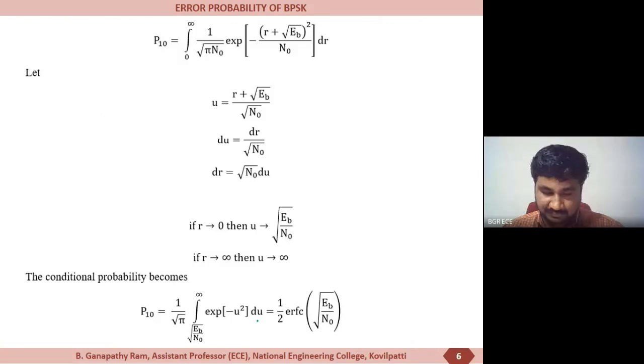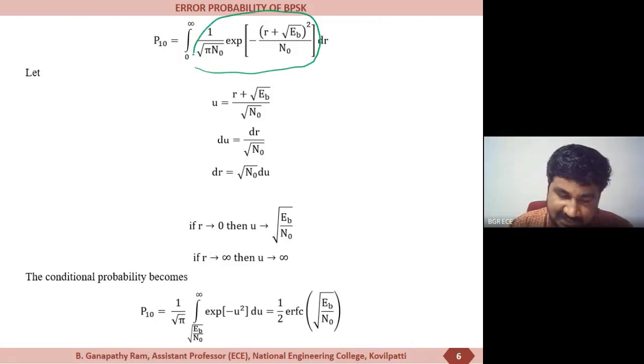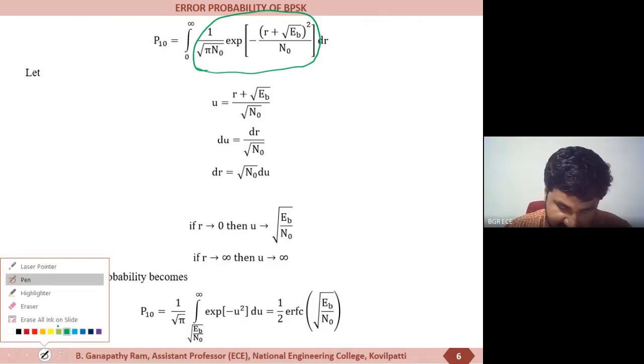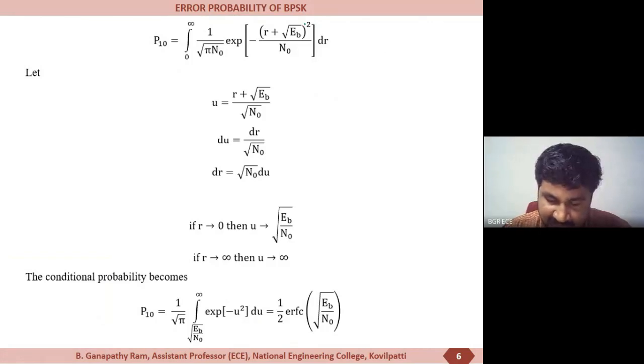Now, the function f_R(r) is substituted here. And here we are going to consider u is equal to (r plus square root of EB) divided by square root of N0. If you differentiate this function u, du will be dr by square root of N0, and dr will become square root of N0 into du.